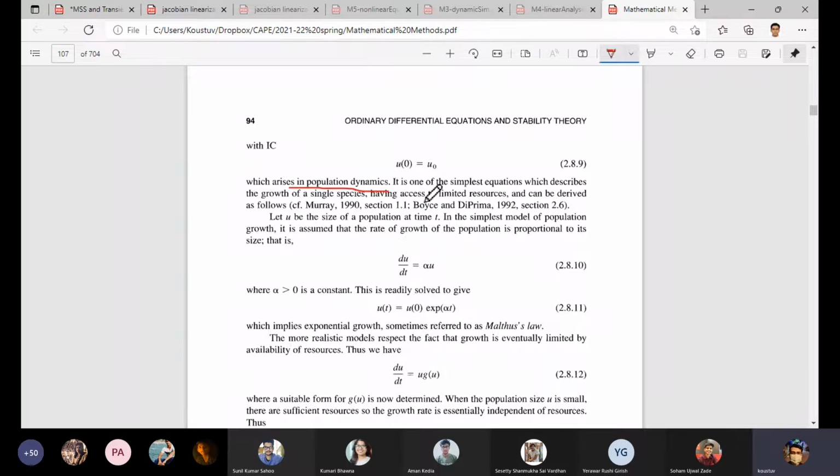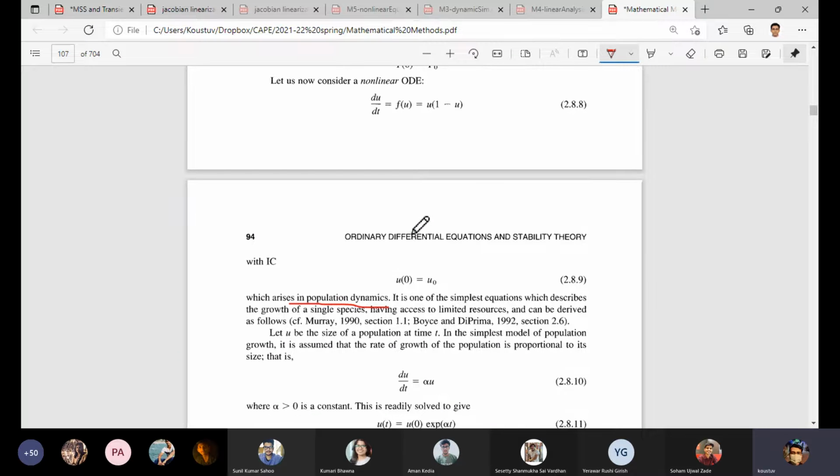So this is not only restricted to nonlinear ODEs and characterizing the steady state for the CSTR example, but in several other branches across science and engineering, this sort of situation appears. So let's say this is that equation, right?